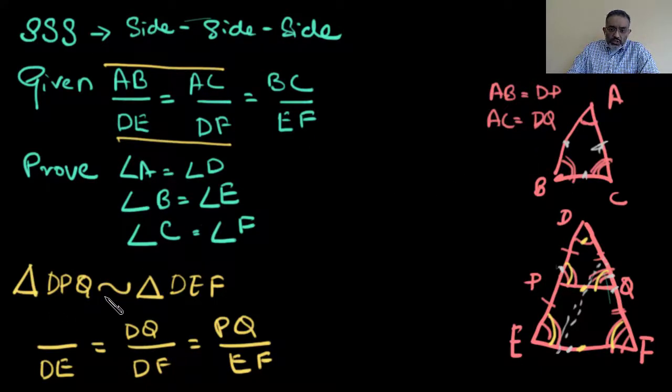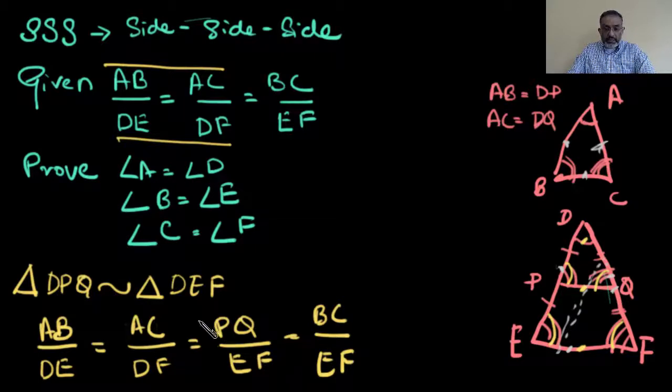So let's replace these terms and see where it gets us. This was AB, and this DQ, let's replace with AC. Now it looks like this: AB by DE, AC by DF, and therefore it is equal to BC by EF. Now we have something interesting. This PQ is exactly equal to BC just because of this portion.